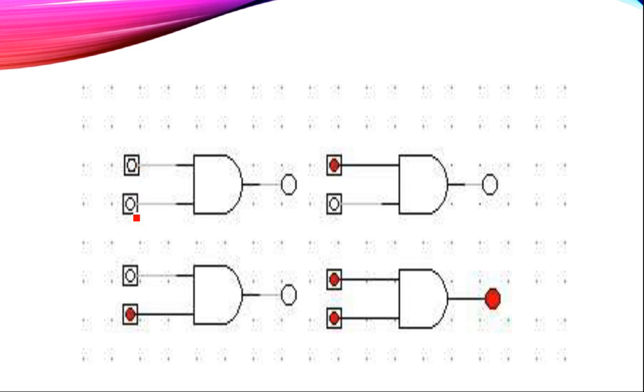So when both the inputs are 0 0, output is 0. Here first input is 1, second input is 0, output is 0. And here first input is 0, second input is high, output is 0. Here both the inputs are 1, the output is 1.